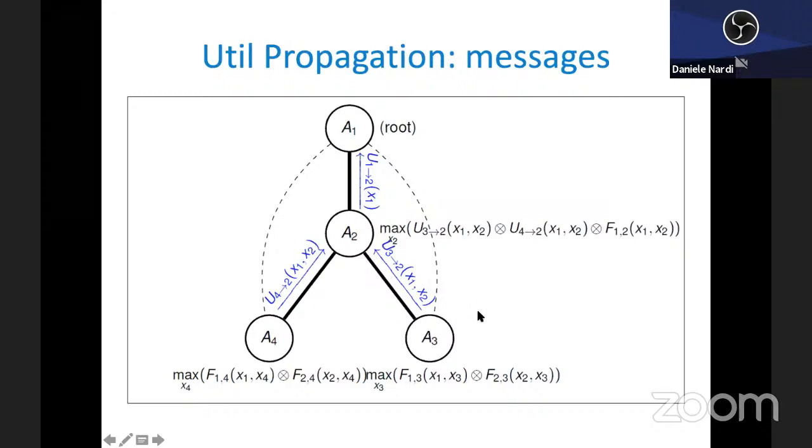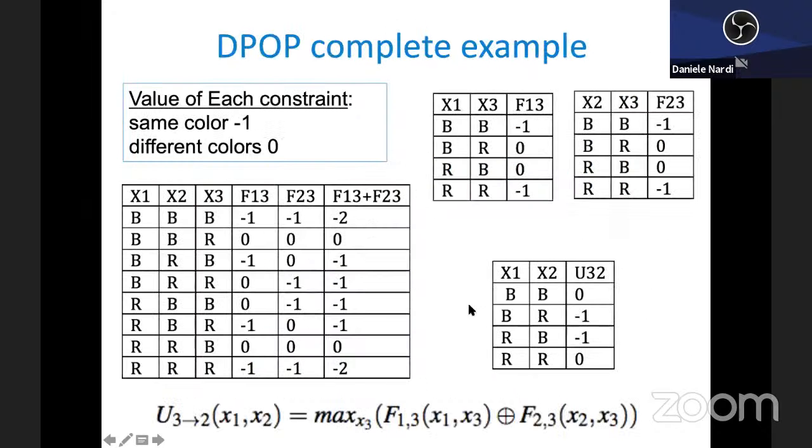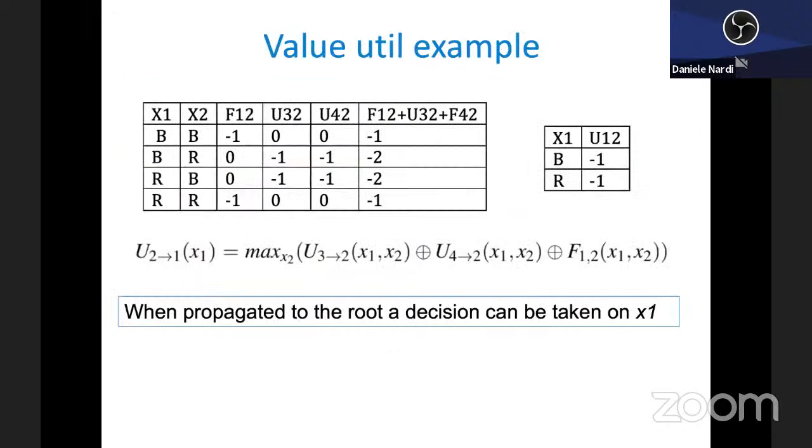Okay. Now, this is the example with the other message. Once we have both messages, u from 4 to 2 and u from 3 to 2, then you can compute the value that goes from 2 to 1, all the way up to the root.